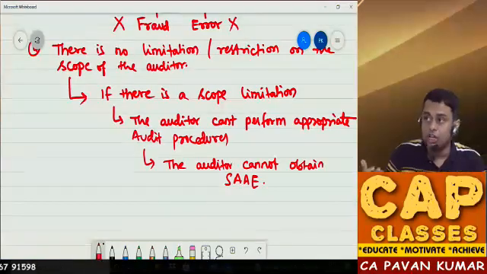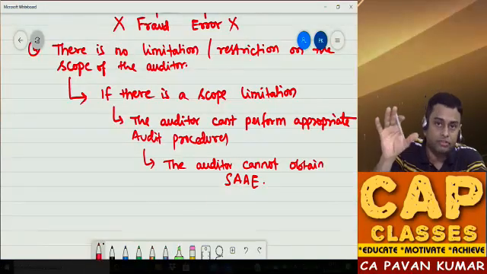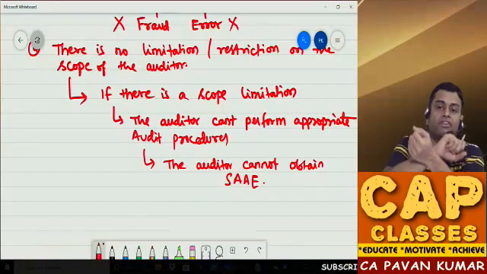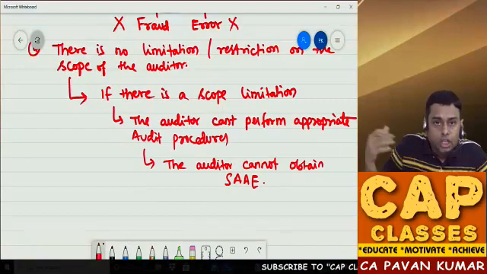What is the conclusion? There should be no limitation on the scope of the audit. My hands should not be tied. You cannot restrict me. If I am appointed to be the auditor, I should be given a free hand.